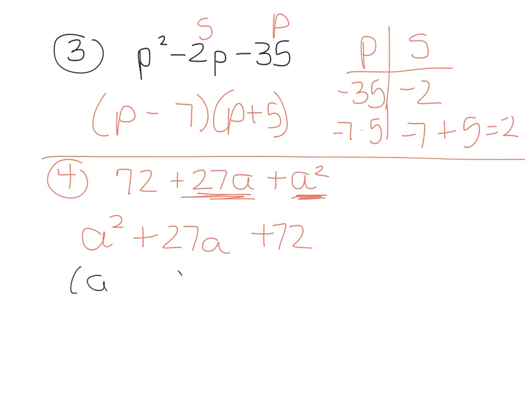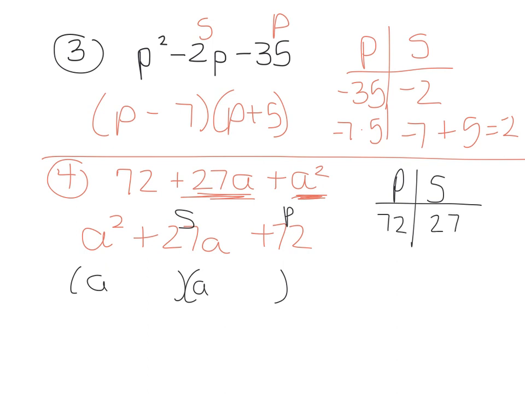Then we know we're going to have a, sum, and product. As the numbers get bigger, it takes a little longer to figure out. It has to multiply to be 72. This one ends up being 3 times 24, 3 plus 24, so plus 3 plus 24.